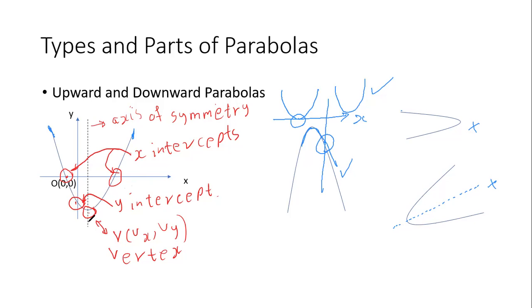What's specific to a parabola is its vertex and its axis of symmetry. The vertex is the tip of the parabola. If the parabola opens upwards, like in this case, it has a minimum value. If the parabola opens downwards like this, it has a maximum value.